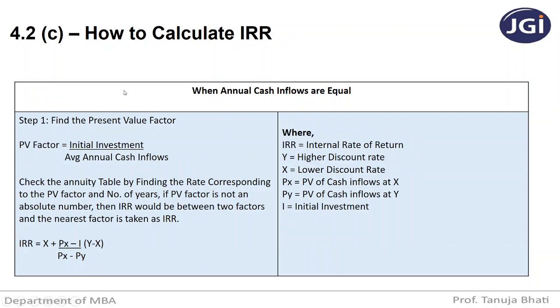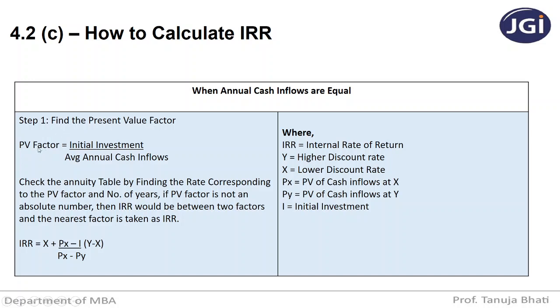How to calculate internal rate of return? Suppose the annual cash inflows are equal. Always remember, in internal rate of return you are not going to calculate the inflows or the outflows. You're going to calculate the rate of return, that is R. So step number 1, find the present value factor.